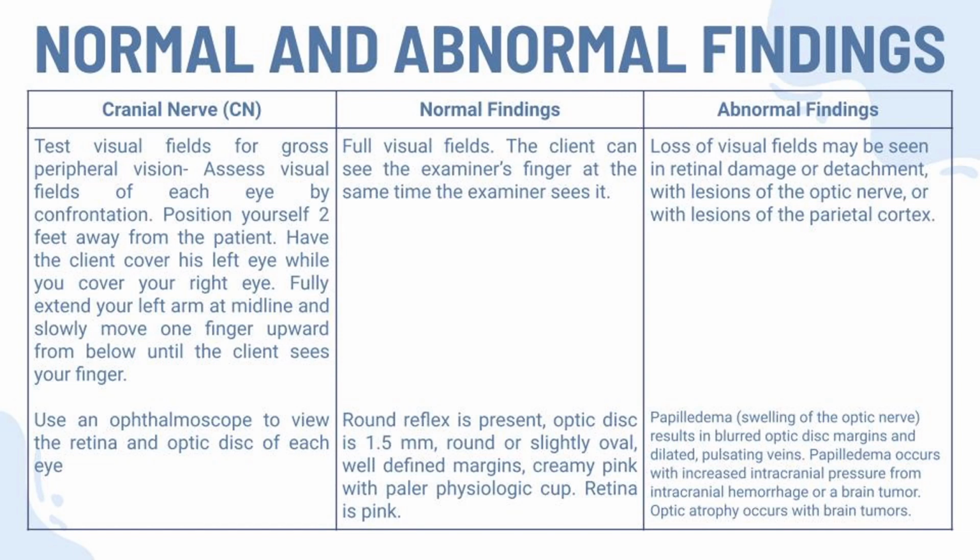For the abnormal findings, papilledema or swelling of the optic nerve results in blurred optic disc margins and dilated pulsating veins. Papilledema occurs with increased intracranial pressure from intracranial hemorrhage or brain tumor. Optic atrophy occurs with the brain tumor.